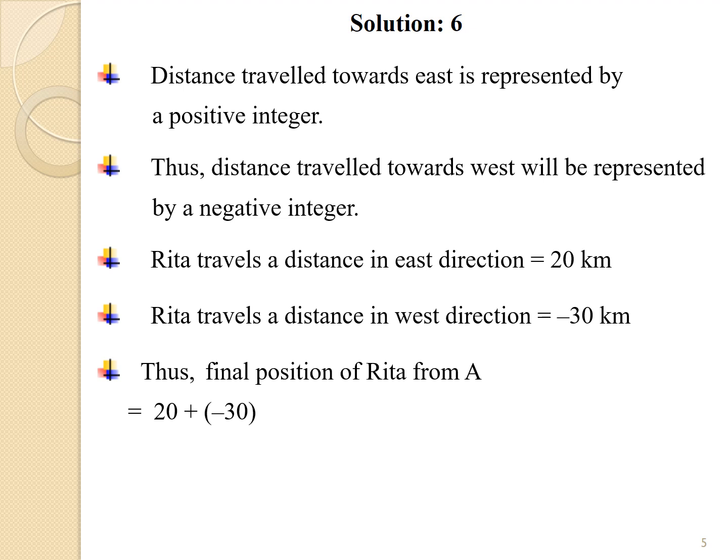Now, subtracting 20 from 30 as a whole number by ignoring the sign, as one integer is positive and one integer is negative, we get 10.